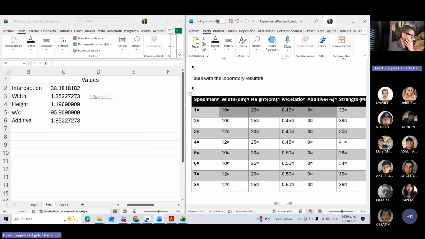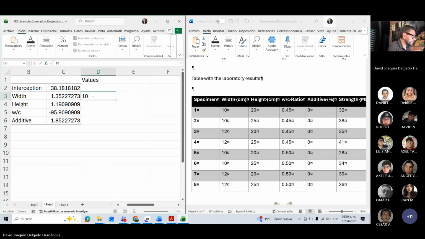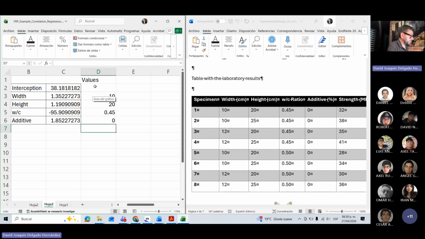Okay, so let us do it. The width is 10. The height is 20. The water cement ratio is 0.45, and the additive is 0. Okay, so let us estimate this.